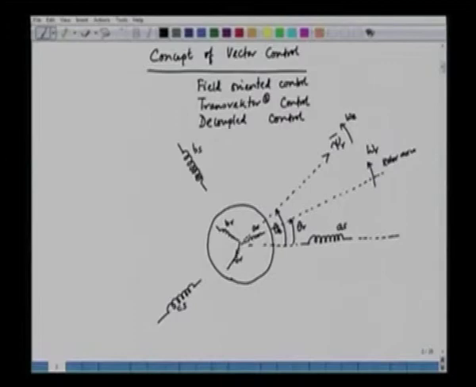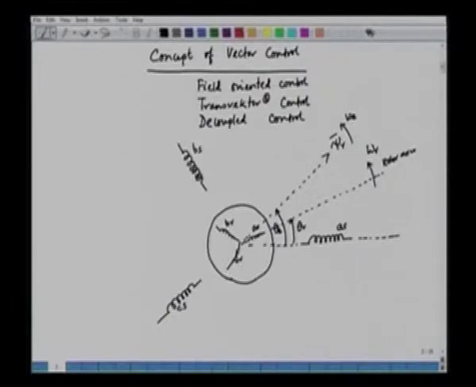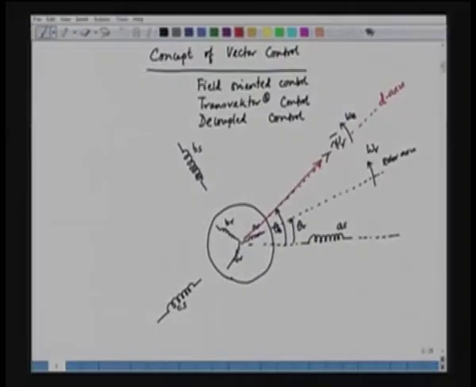So what we do, we take a reference frame, and the reference frame is attached with the rotor flux vector. So we will choose a d axis. So this is our d axis. And we can also choose a q axis orthogonal to the d axis. So this is our q axis.